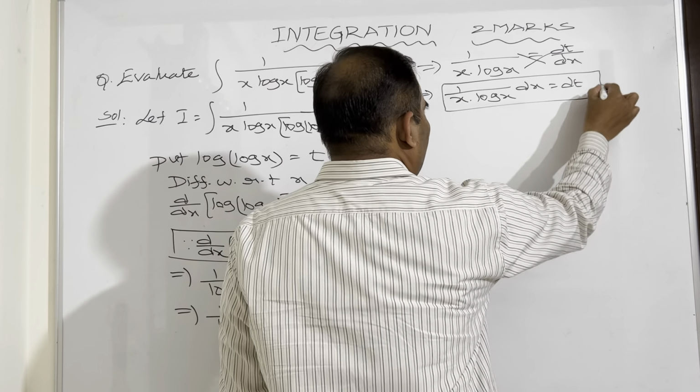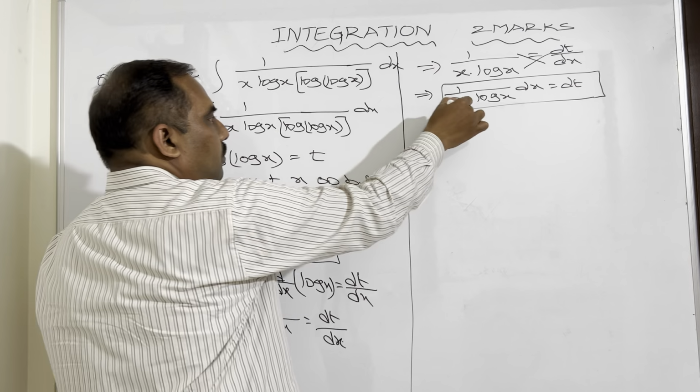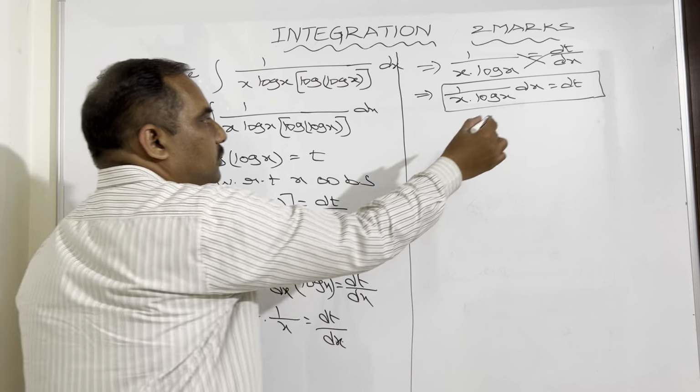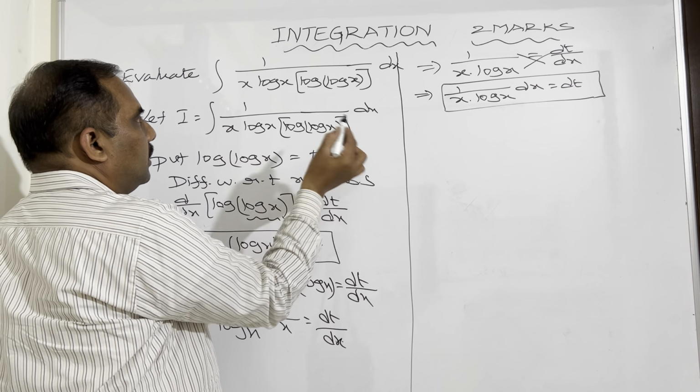So in the given function, wherever 1 by x into log x dx is there, we can replace it by dt, and log of log x is replaced by t.